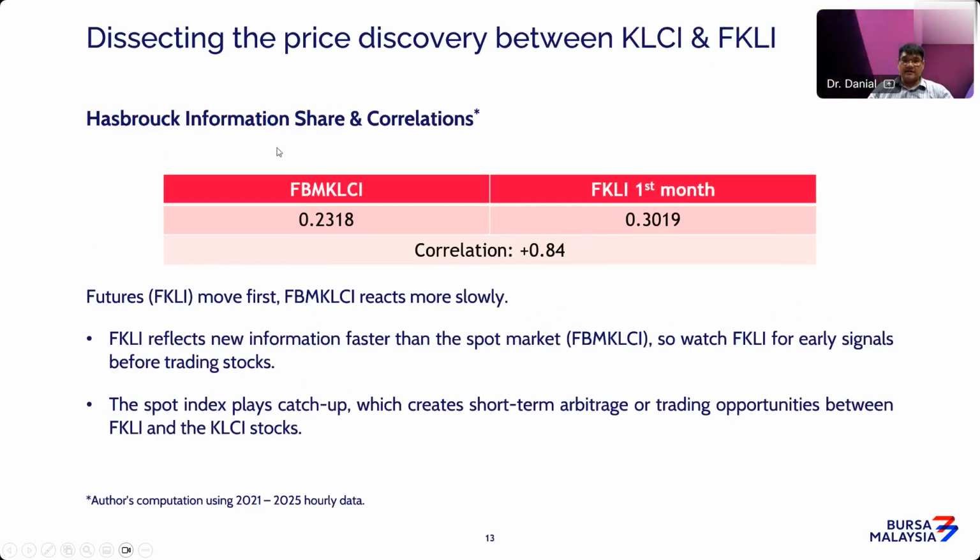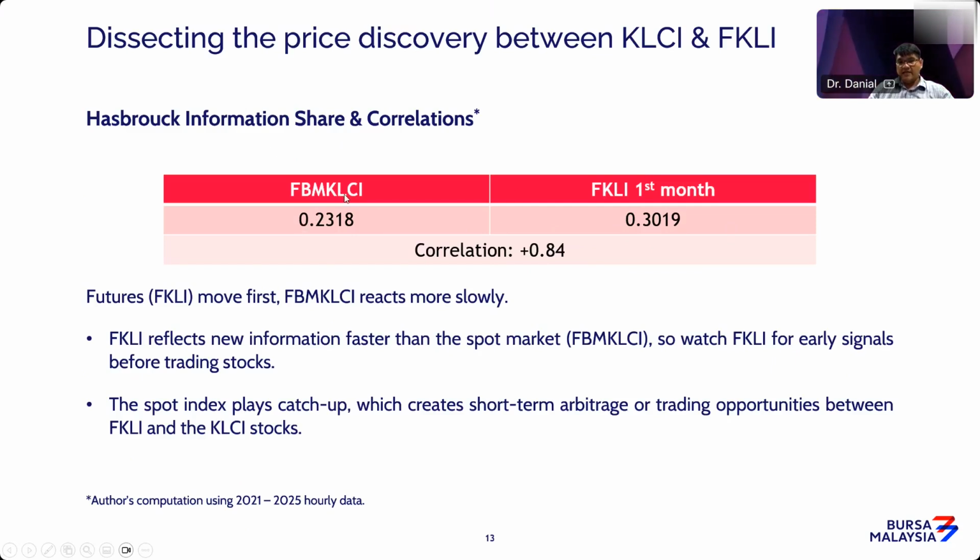Based on the table here, KLCI and KLCI futures first month have a correlation of positive 0.84, which is quite high. However, we need to see the Hasbrouck information share values here.